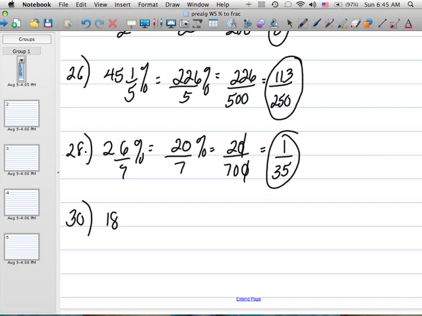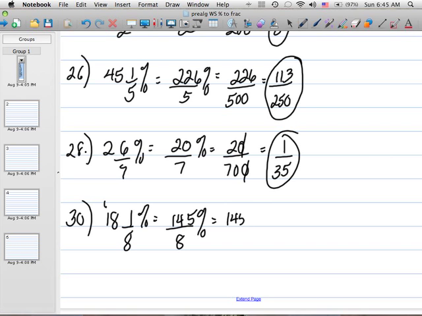Problem number 30, we have 18 1/8%. Change it to its fractional form. 8 times 18 is 144 plus 1 is 145 over 8%.